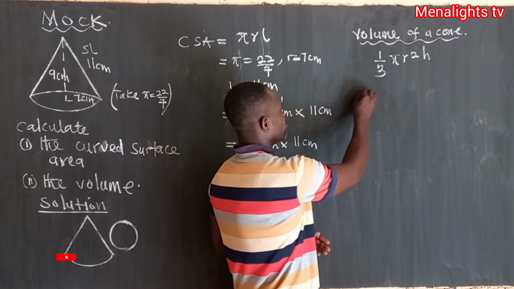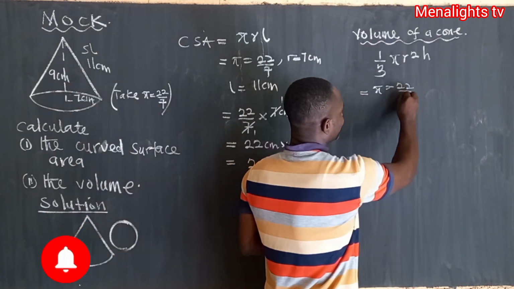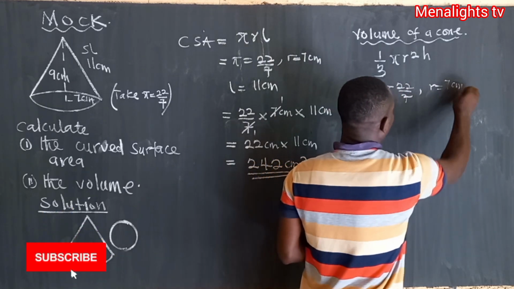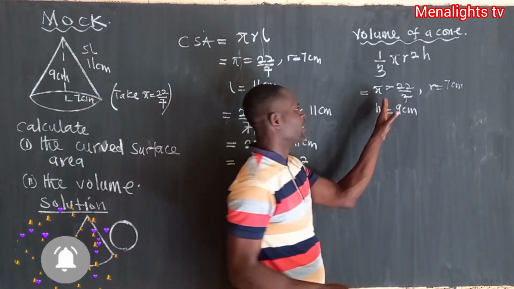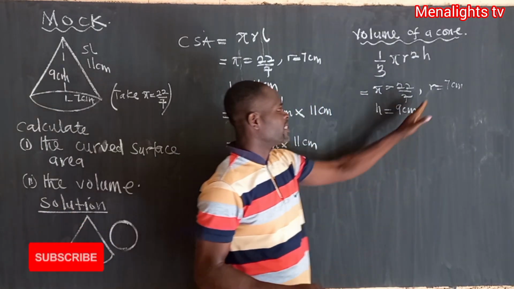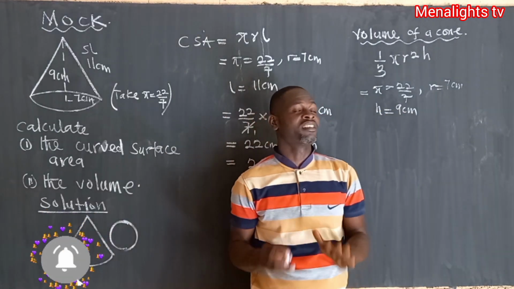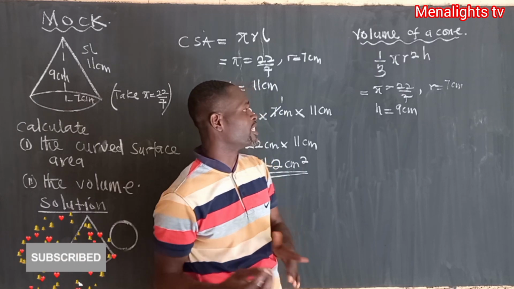From the question, we know that our pi is equal to 22 over 7. So the pi is 22 over 7, the radius is 7 centimeters, and the height here is 9 centimeters. So let's start putting the values in to see what we have.